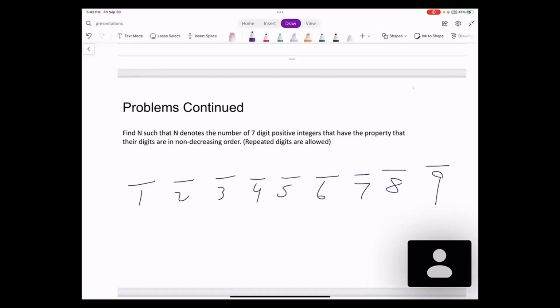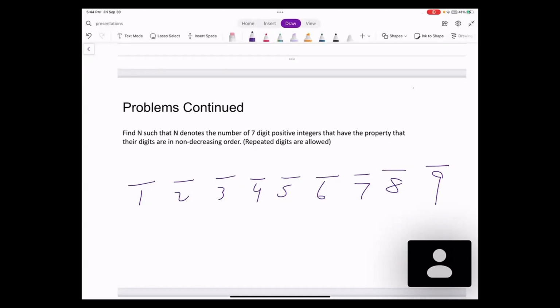And we have to start the sequence using 1 because that is the lowest possible number for the first digit of the 7-digit positive integer, because we can't use 0 as the first digit. And since the other digits have to be increasing or stay the same, that means the other digits also have to be at least 1.